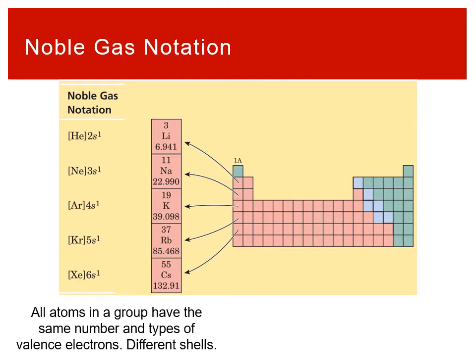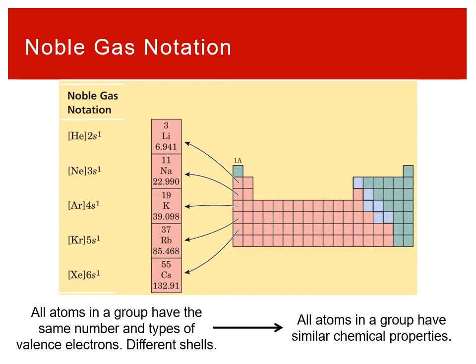The only difference is the shell that electron is in, 2, 3, 4, 5, 6, 7, whatever it is. But that just changes the size of the orbital, not the shape or the orientation of the orbital. And so that means they all have similar electron configurations. They're all going to do the same type of chemistry. So all atoms in a group have similar chemical properties because they all have similar electron configurations, specifically the type and number of valence electrons.